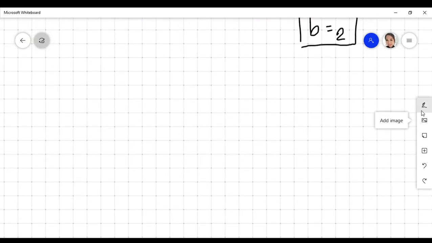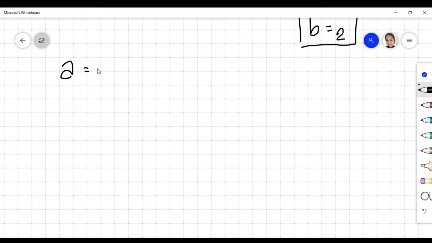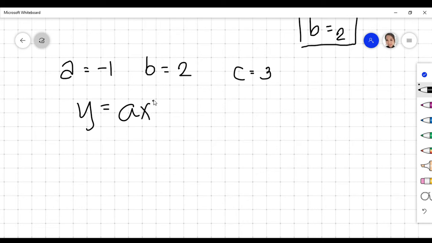So as a review, A is negative 1, B is 2, and C is 3. So we will substitute these values to the equation y equals ax squared plus bx plus c. So substitute a, b, and c here.